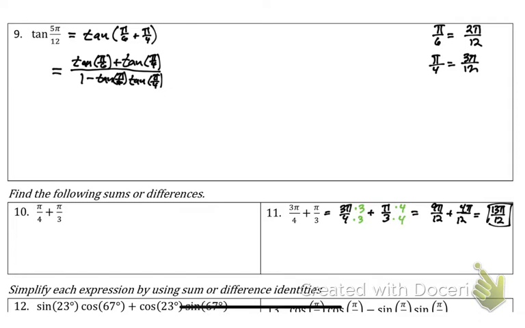You already told me that tangent of pi over 6 is square root of 3 over 3, plus tangent of pi over 4 is 1. On the bottom, I have 1 minus square root of 3 over 3 times 1. What's square root of 3 over 3 times 1?